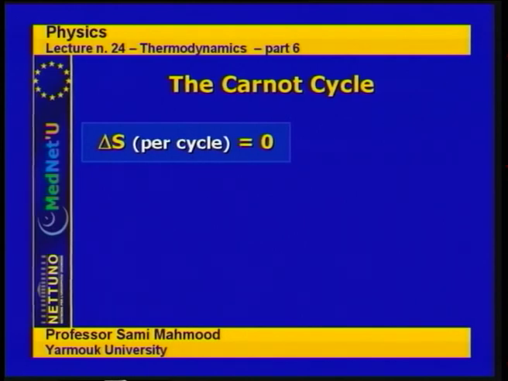So the net entropy change delta S per cycle is equal to zero for the operating substance.